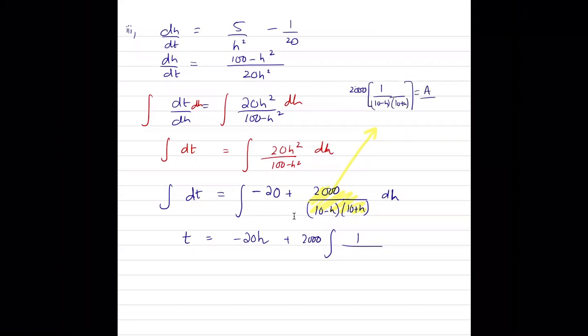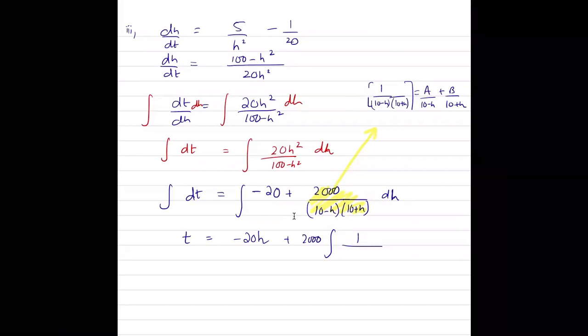This is equal to a upon the first factor plus b upon the second factor. So what are a and b going to come out? Make the partial fractions, get me the value of a and b.